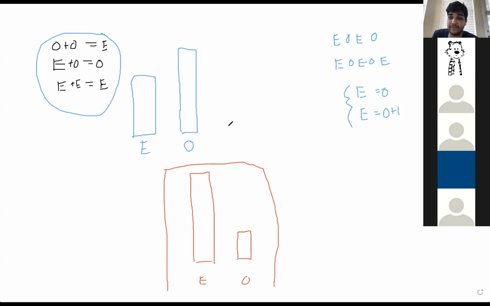If we're in this case, then we know automatically our answer should be this. So if we have more evens than odds, then we literally just set evens to equal odds plus 1, and that's our answer.